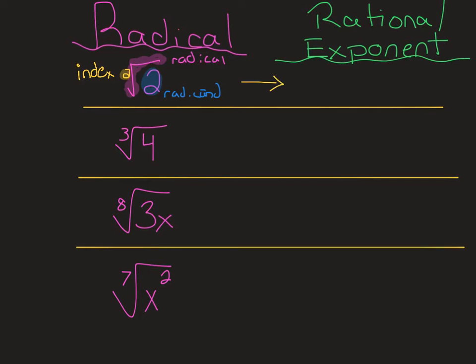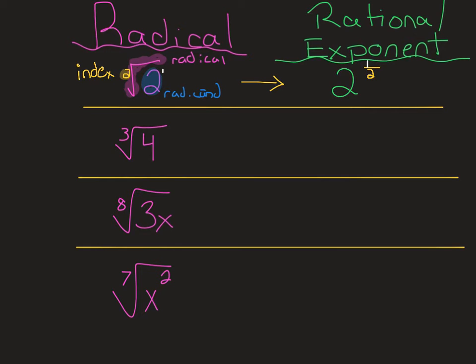So the square root of 2, if we take that and write that in rational exponent form, that's going to become 2. Actually, let me use green for the color scheme. And then my index here was 2. So that's my denominator. My numerator is whatever my exponent was in the radicand. So in this case, it's going to be 1. In the radicand here, if there's no exponent, we know that there's really a 1 there.